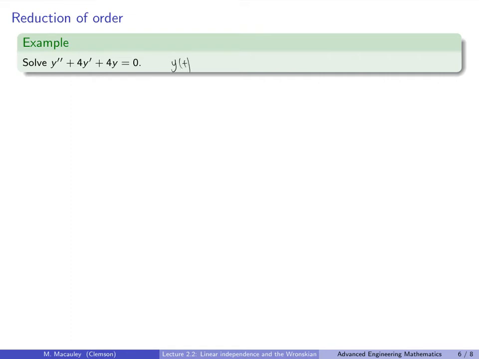So if you haven't seen that lecture, I'm going to go through it fairly quickly. So y of t, you assume it's e to the rt. You take a derivative, and that's r e to the rt, and then y double prime equals r squared e to the rt. Now you plug these things back into the ODE.